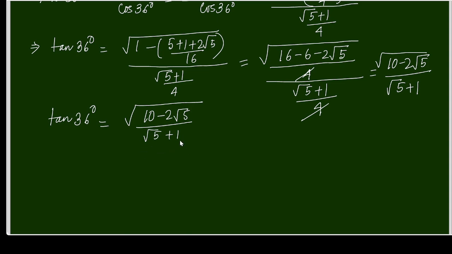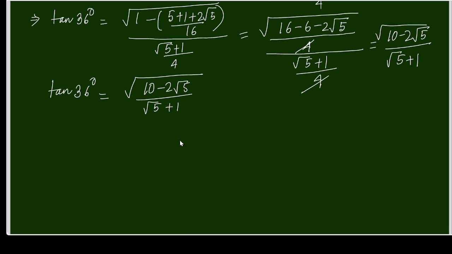So what will be my next step? I'll take the denominator root 5 plus 1 and put it under the square root, so it will be root 5 plus 1 whole square.